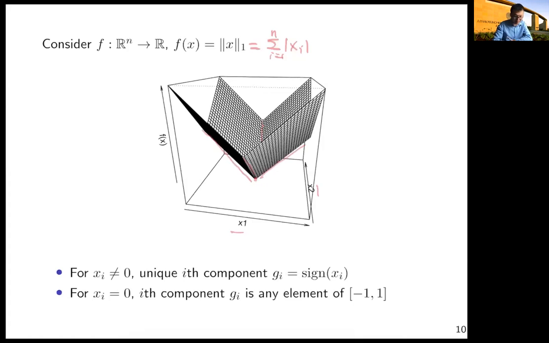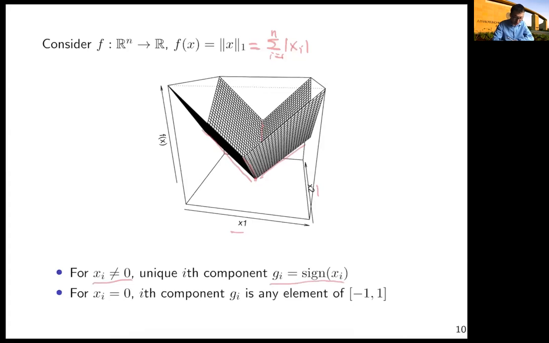So see that this is a flat, and then suddenly there's an infinite curvature where this flat changes into something else. So this function is piecewise planar, or piecewise linear. For each coordinate separately, if this coordinate is non-zero, then the corresponding coordinate of the subgradient is the sign of wherever you are.